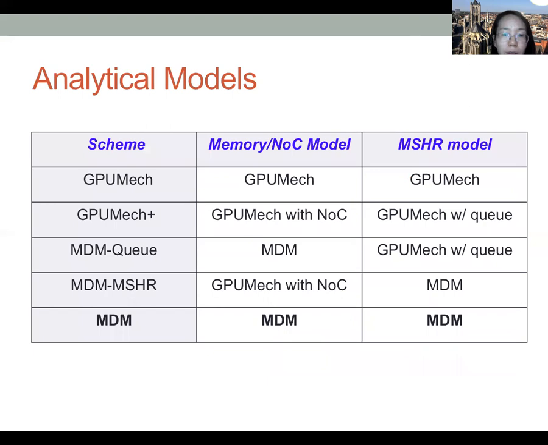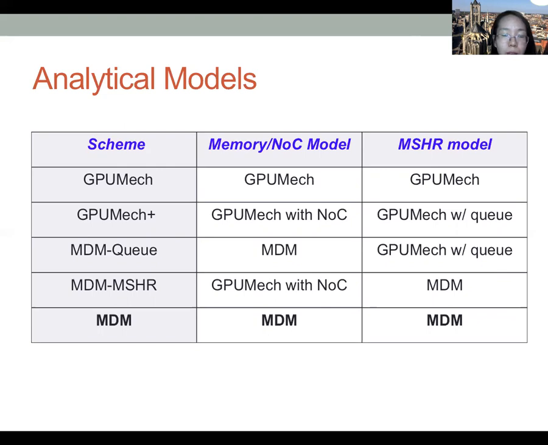In order to evaluate the MDM model and show the source of prediction improvement, we evaluate several performance models. The basic model is GPU-Mech. We enhance GPU-Mech minimally by taking into account NOC queuing and call it GPU-Mech Plus. MDM-Q improves GPU-Mech Plus by using MDM's memory contention model. MDM-MSHR improves GPU-Mech Plus by considering MDM's MSHR batching model.